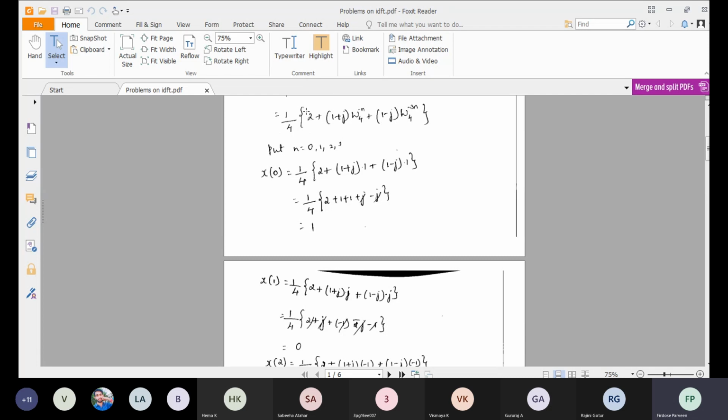In the same equation, put n is equal to 3, you will get x of 3. Calculate and tell me the answer for x of 2 and x of 3.